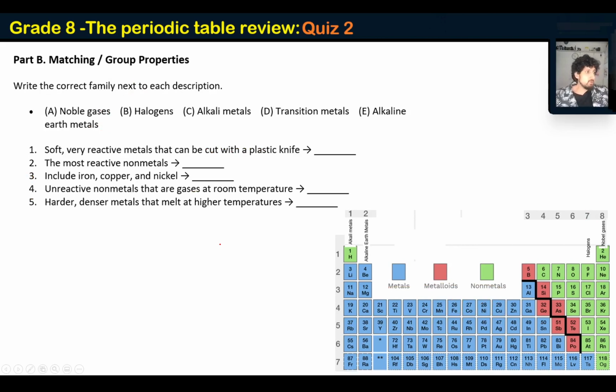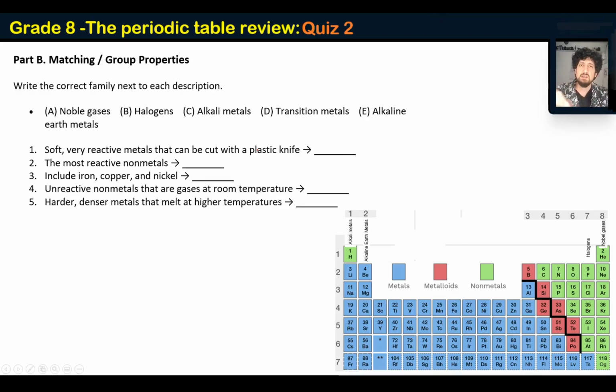Good. We're doing well. Write the correct family next to each description: noble gases, halogens, alkali metals, transition metals, and alkaline earth metals. Soft, very reactive metals that can be cut into with a plastic knife. For my class, I've shown a video about the reactivity of alkali metals, and it's amazing. Alkali metals are very soft. You can cut them with a knife, and you drop them in water, and they immediately start reacting.